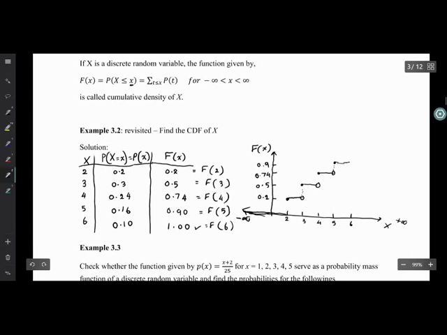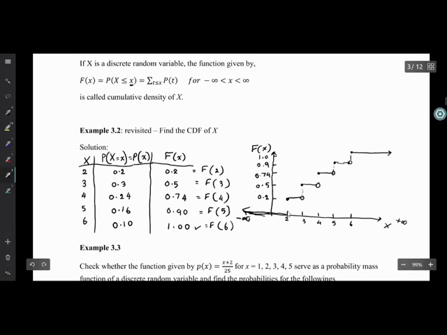And at 6, it will attain the total probability 1. And it will remain at 1 till the positive infinity. So this is how you represent the CDF in a graphical manner.